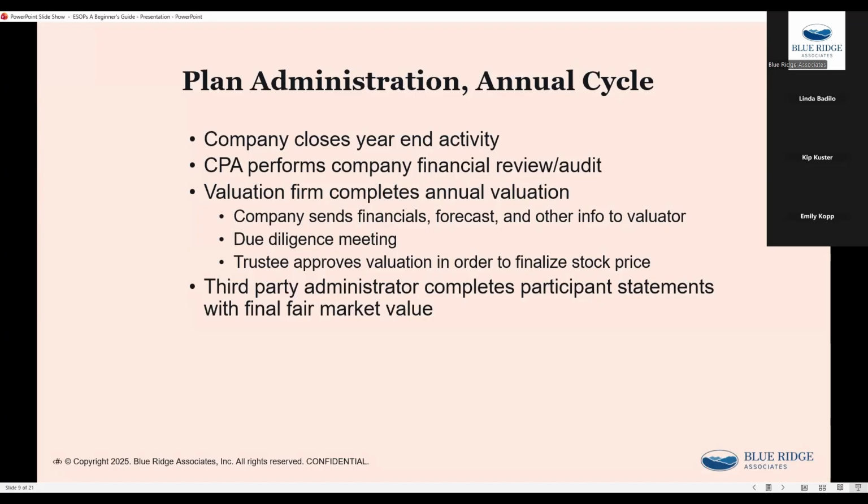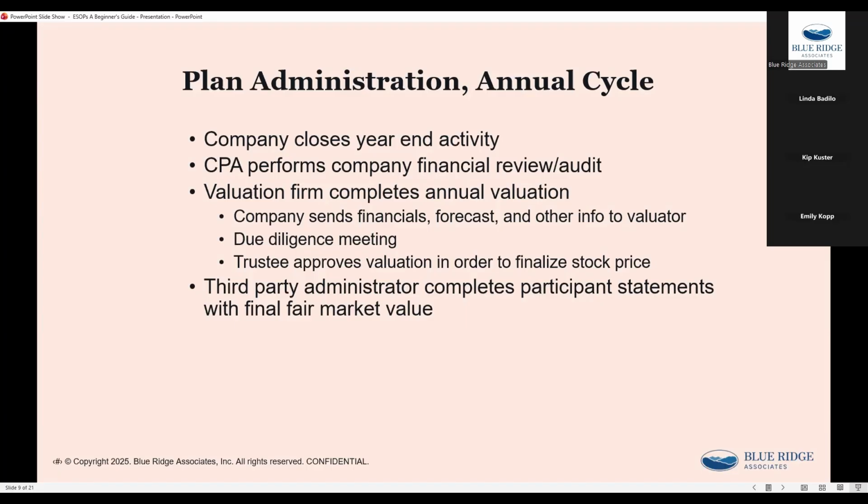Now that we know who the key players are for the proper function and administration of your ESOP in a given year, I wanted to provide a high-level overview of some major events that have to occur for your annual cycle. One thing to note is that every ESOP company is different. No ESOP is the same.